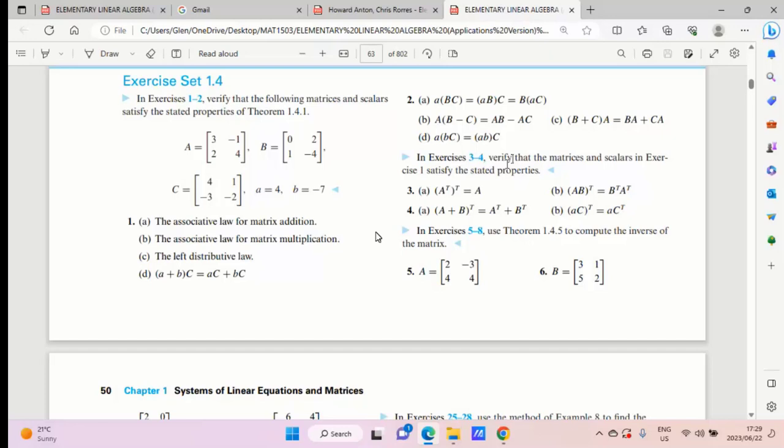Now, let's multiply and see what we get. 3 times minus 6 is minus 18. Do we agree? Yes, minus 18. Minus 1 times 16 is minus 16. Do we agree?